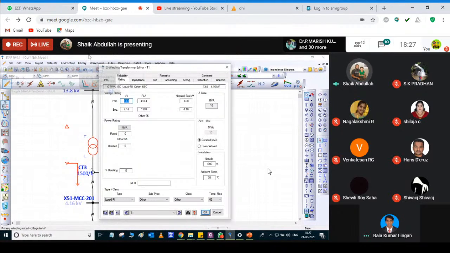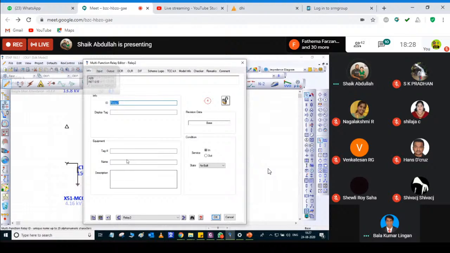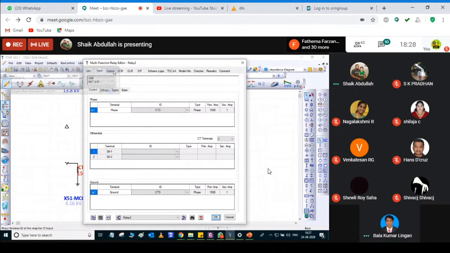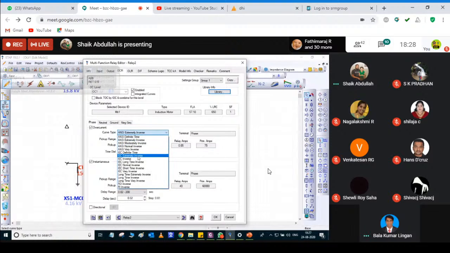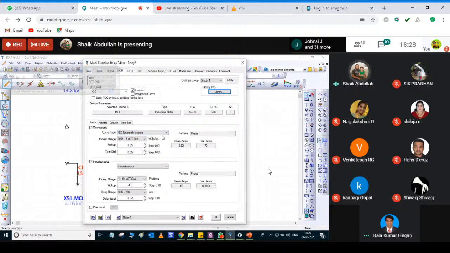So the setting is... you see, I'm choosing here long inverse, extreme inverse. Let me check. We can change it at any time by means of this one, and the value.